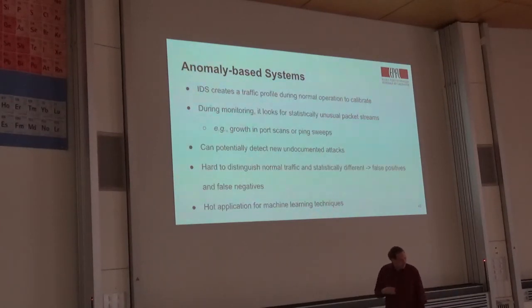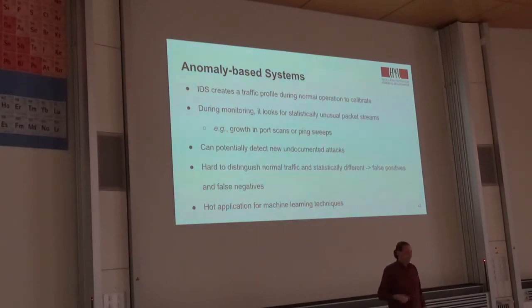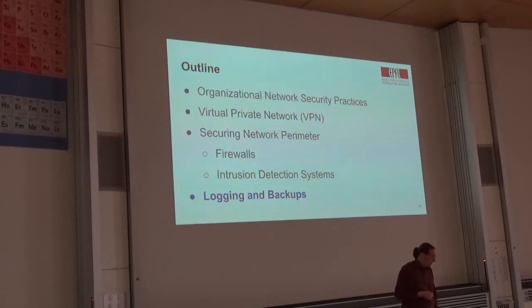Whereas an anomaly-based system might have a better chance of detecting previously unknown threats, but they have significant false positives and false negatives. They can send administrators on wild goose chases on non-problems all the time, and you get tired of it and you turn down the sensitivity, and then you miss the actual threat.